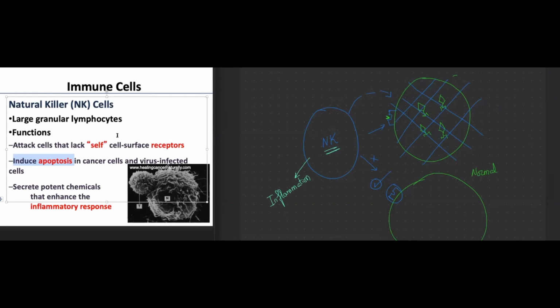Think of it, this is a cell that encountered a pathogenic or a cancerous cell or a virally infected cell. So I figured out I have a problem here and I am getting in a fight. So what is my best thing to do? I try to recruit as many immune cells to come to help me.